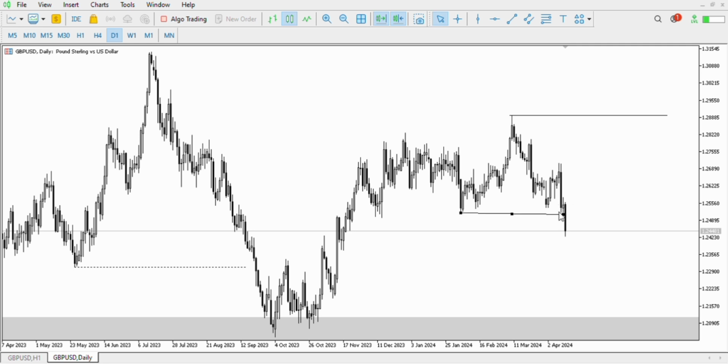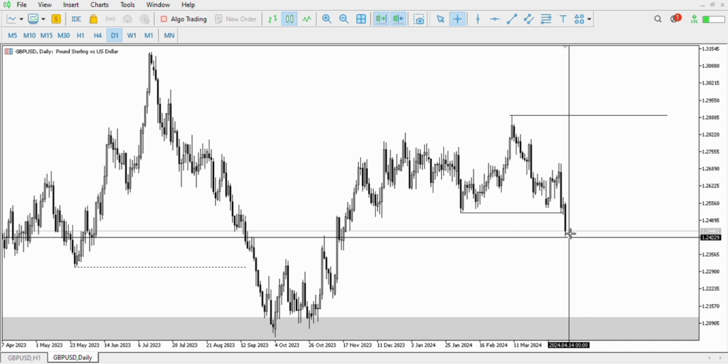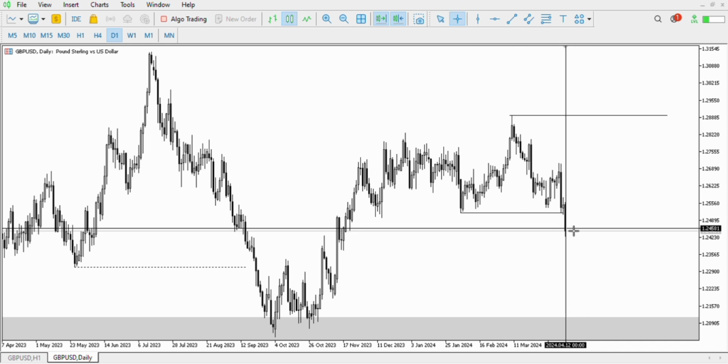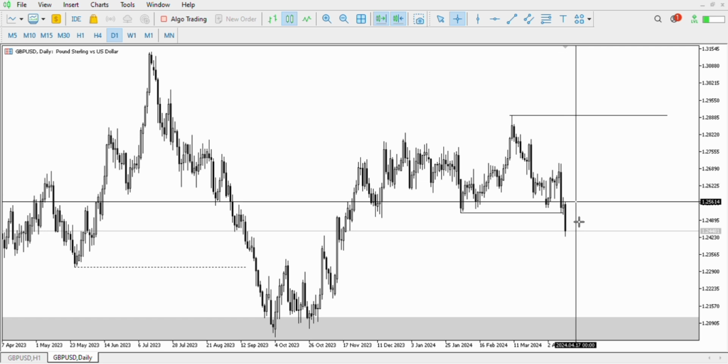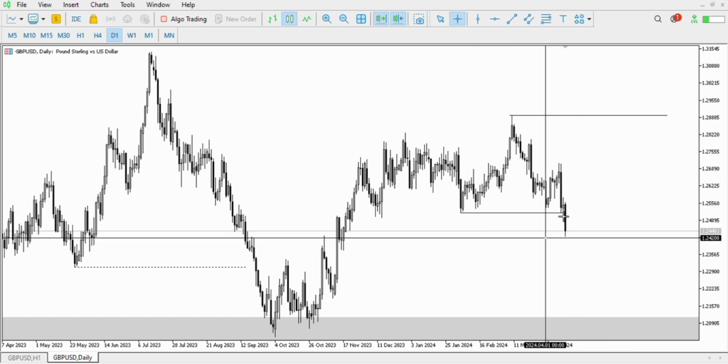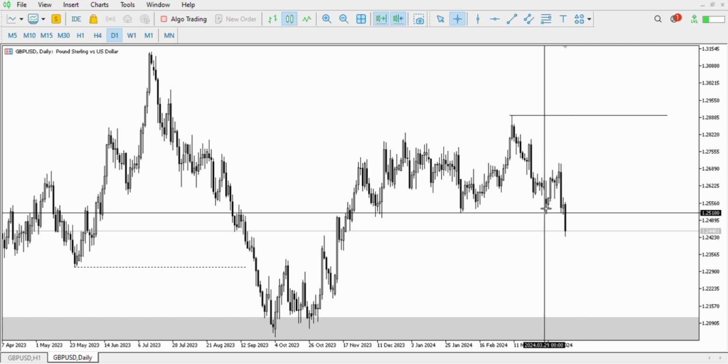This is the point right here, and let me get the right figure. That's 1.25181. Okay, so these are my two areas right now because I cannot call this place a low until we have some kind of pullback. That's when I'll make here a low. So then I will just maintain only these two lines.